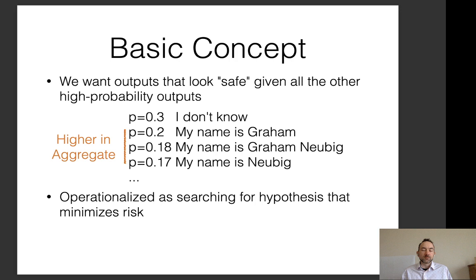So minimum Bayes risk essentially tries to find these high scoring aggregate clusters, and it's operationalized as searching for a hypothesis that minimizes the risk. In other words, like I said before, we have the error between all of the hypotheses and the probability of all of the hypotheses, and we take the argmin of this.